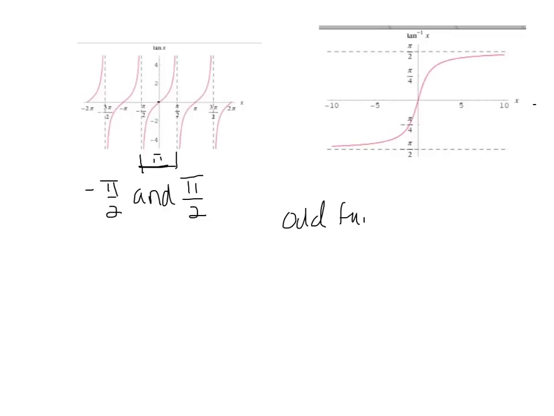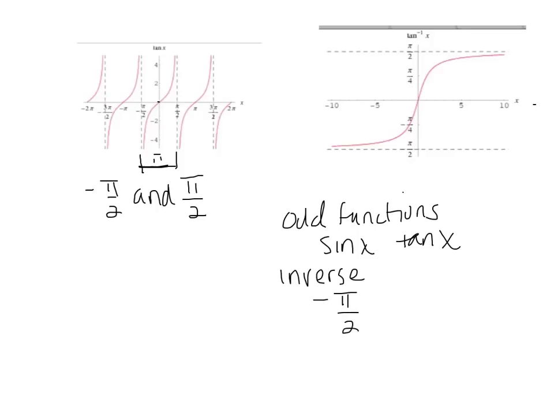These are odd functions. So sine and tangent are both odd functions centered at the origin. And so the restricted domain for the inverse, for both of those, is from negative pi over 2 to pi over 2. And so this is really important to remember when we get moving a little further here.